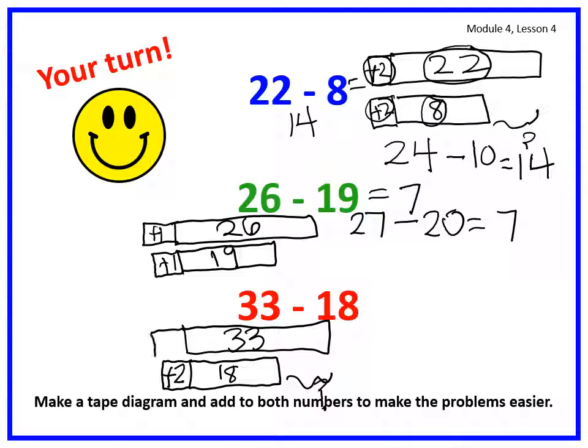And what I do on the bottom, I must do on the top, plus 2. So instead of 33, it's now 35. And instead of 18, that is now 20. 35 minus 20 equals 15.